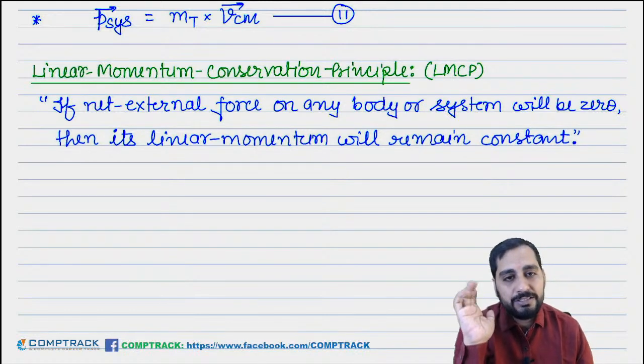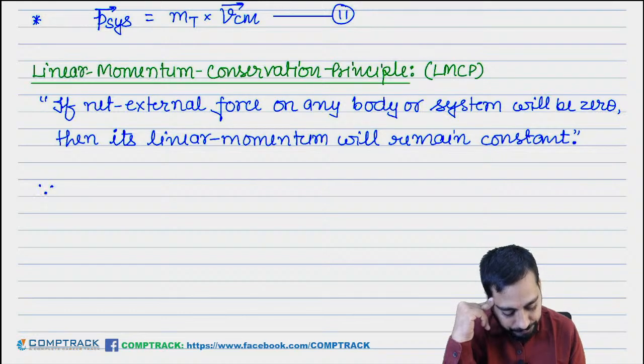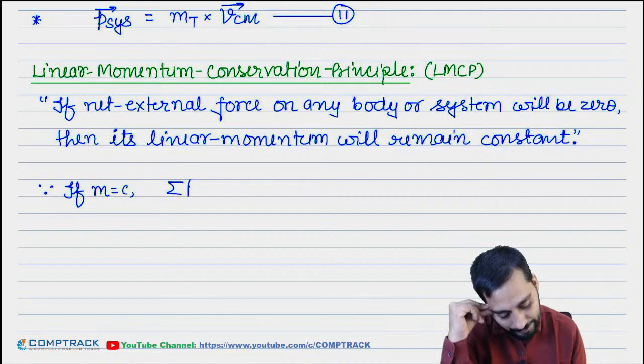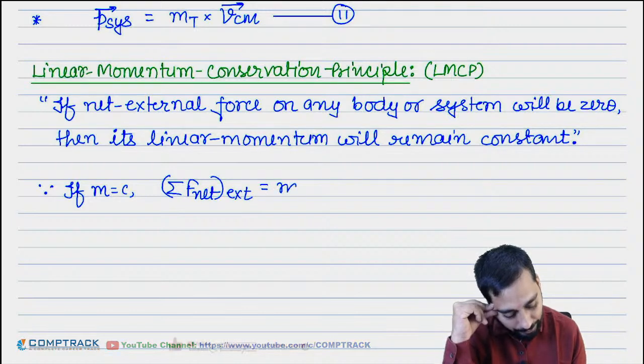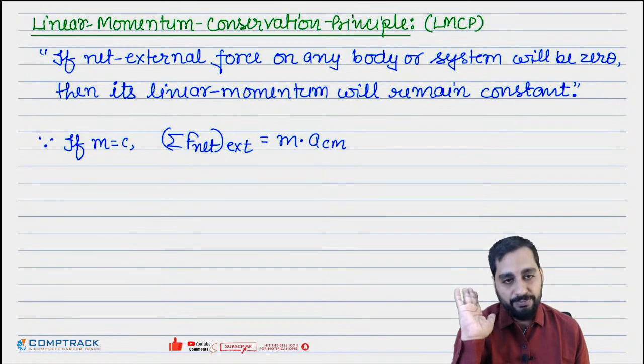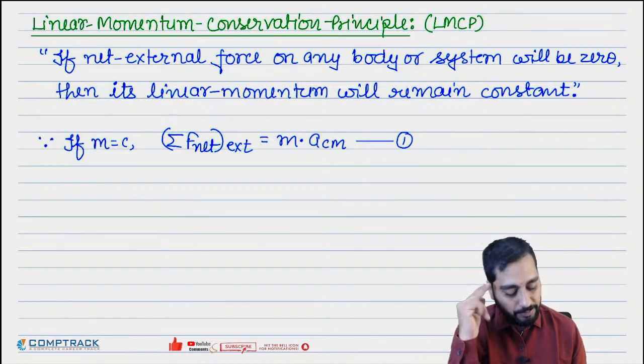Okay, so now as we know, if mass of the system or body is constant, then net external force is how much? It is equal to m into acceleration of the center of mass.